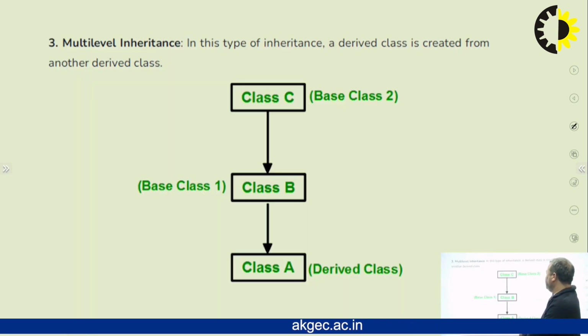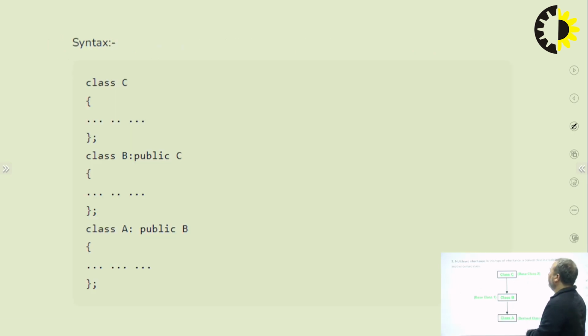Multi-level inheritance means, like in the example, a parent inherits the property of a grandparent. Similarly, a child inherits the property of the parent and ultimately the property of the grandparent. So grandparent, parent and child come under the category of multi-level inheritance. This is the syntax here.